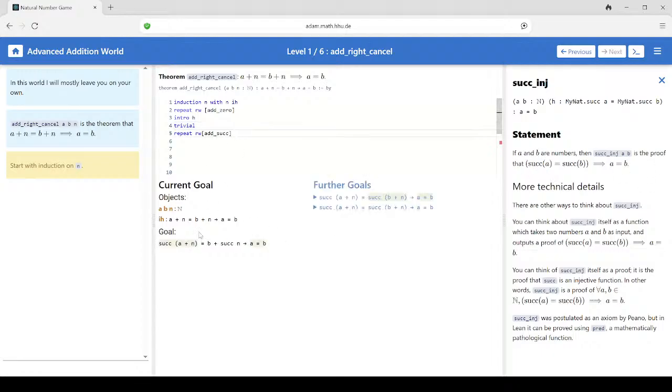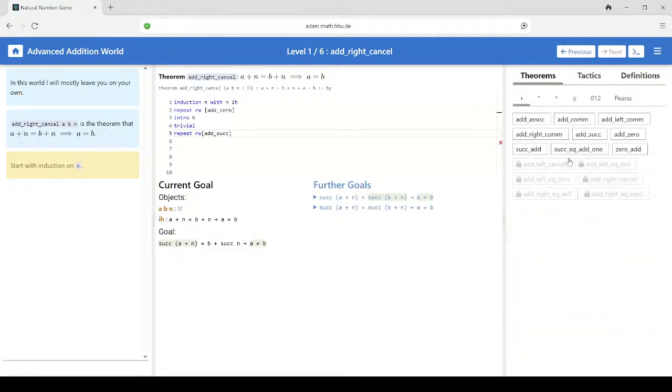The proof that the successor of A, this would work if it wasn't for N, and this would work if it wasn't for the successor. What can I do with this?